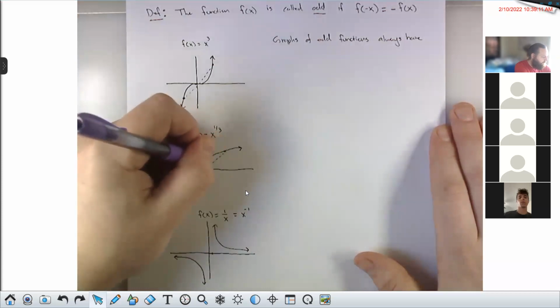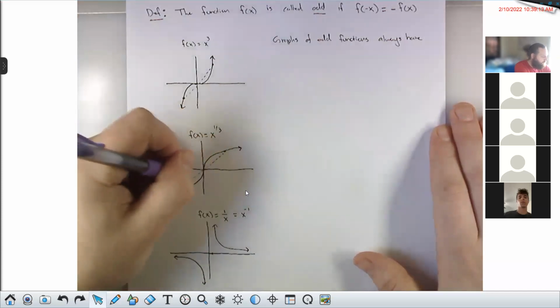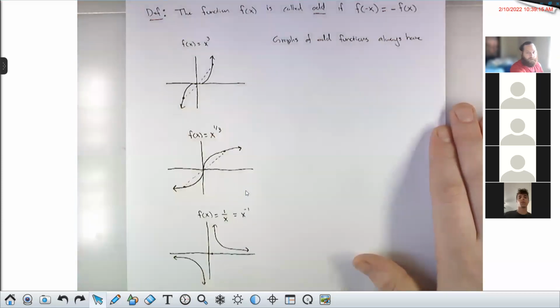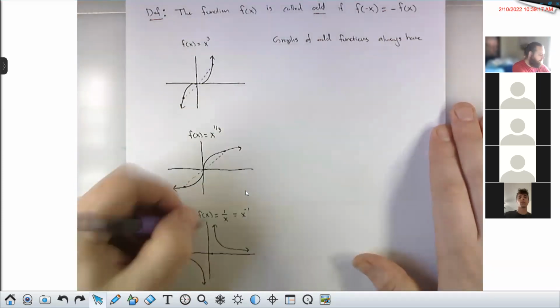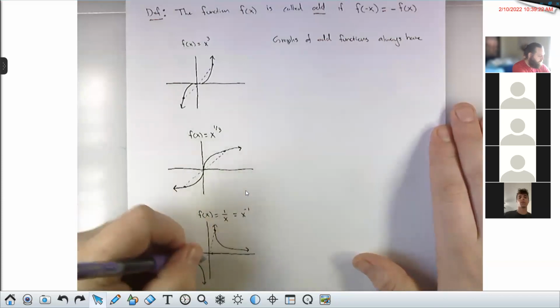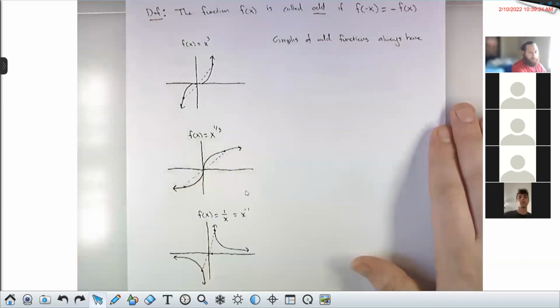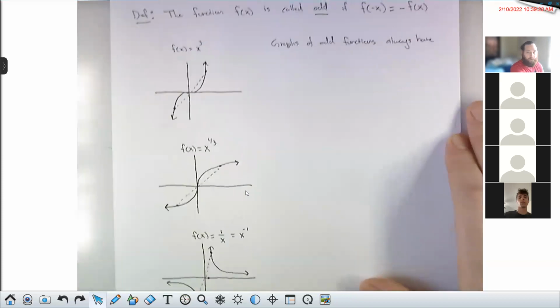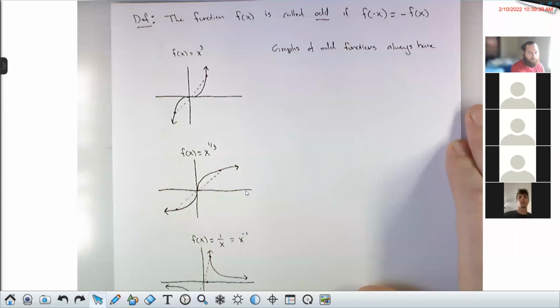If you take a point on the graph of any odd function and reflect it through the origin, you will land back on that graph. So these graphs always have what we call origin symmetry.